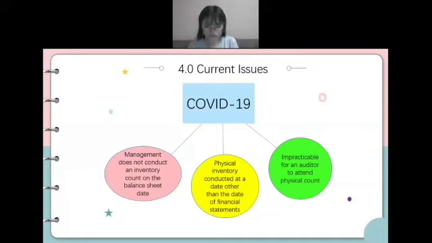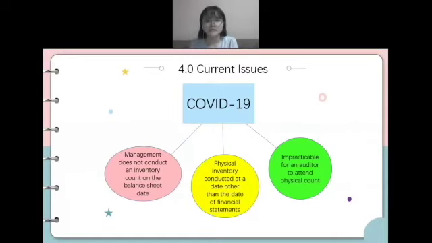The entity needs to ensure the effectiveness of the design and implementation of controls over the changes in these inventories to determine whether the date of stock count other than the date of the financial statement is appropriate for the audit procedure.